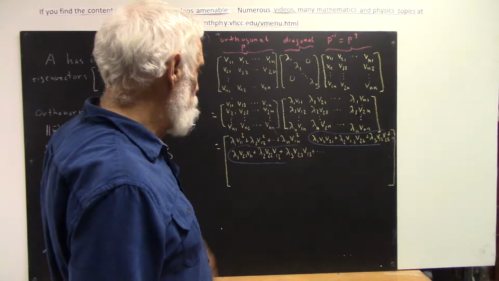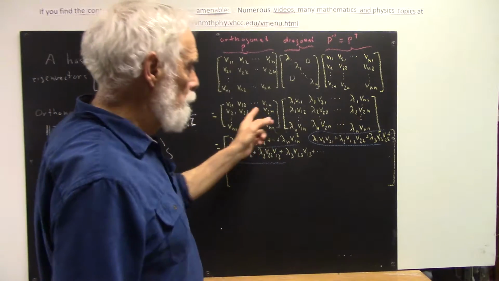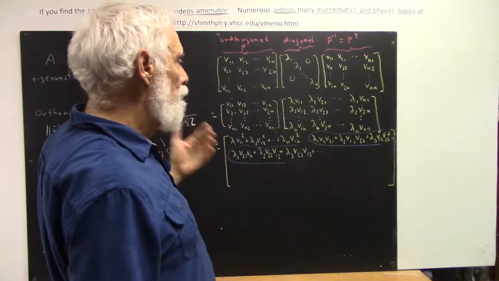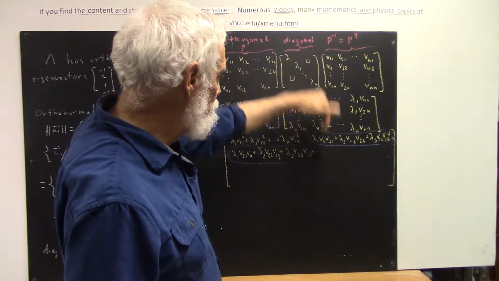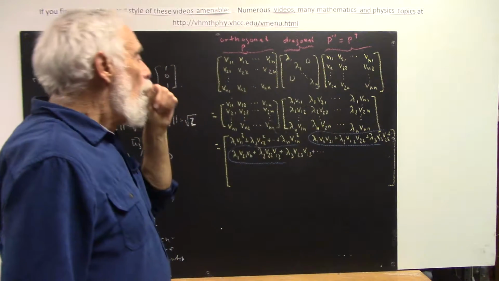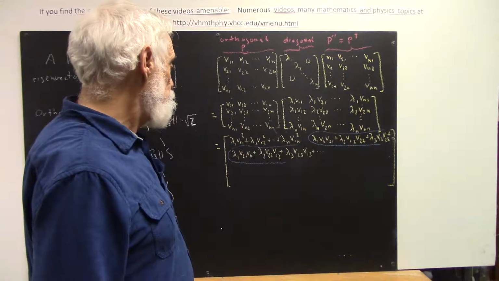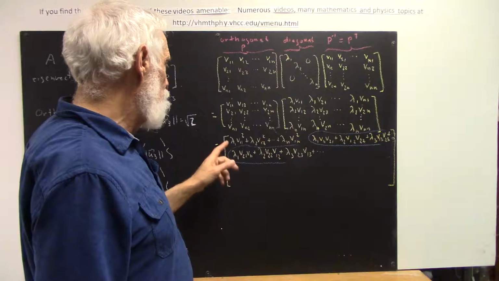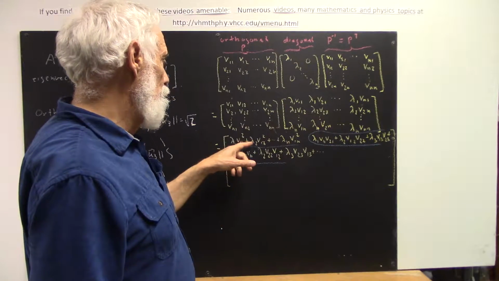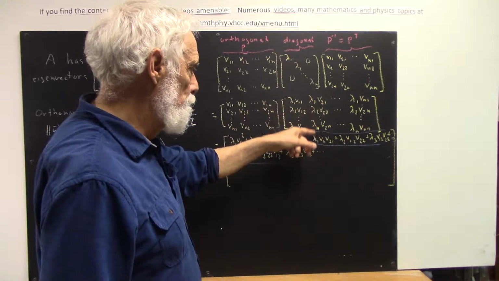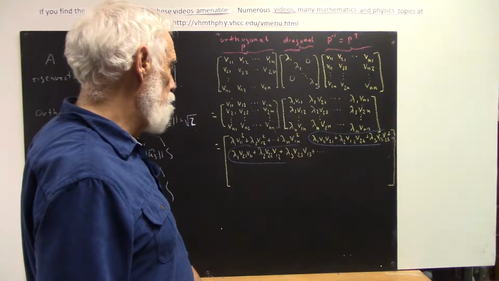Well, that's going to happen, and it's going to happen similarly on every diagonal. If we multiply the second row by the second column, which I haven't done here, you should do that and condition yourself with the way it'll come out. We'll still have lambda 1 and lambda 2 up through lambda n because we have all those in the second column.